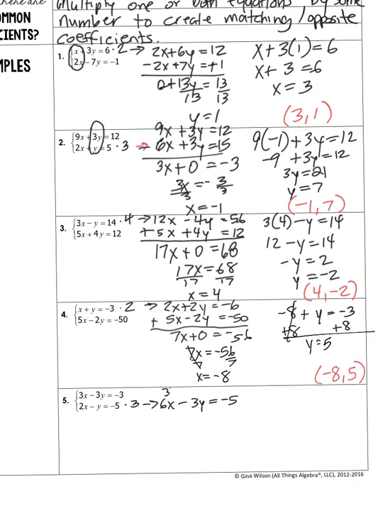And then 3x minus 3y equals negative 3. And I'm subtracting, so I have to change the signs of any negative numbers in that second equation. All right, 3x minus 6x is negative 3x. Negative 3y minus positive 3y is 0. And negative 3 minus positive 5 is 2.